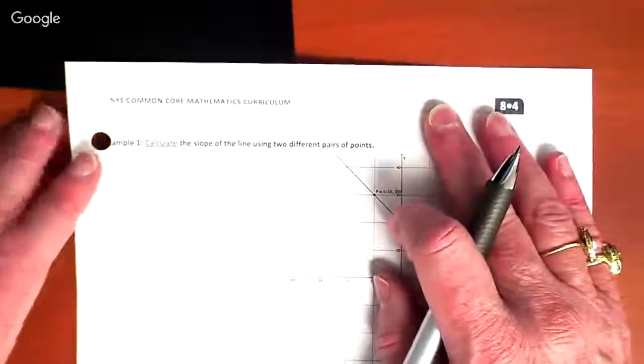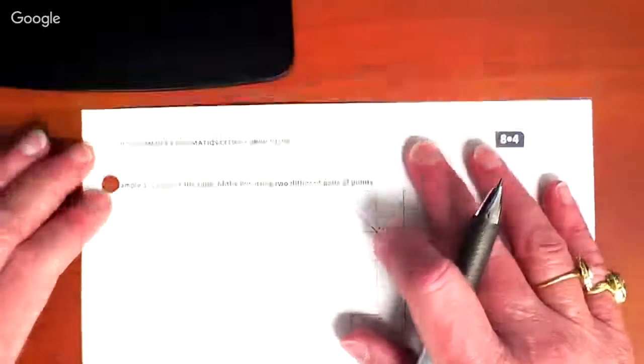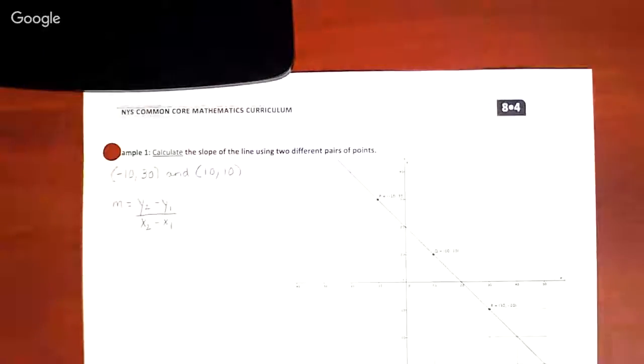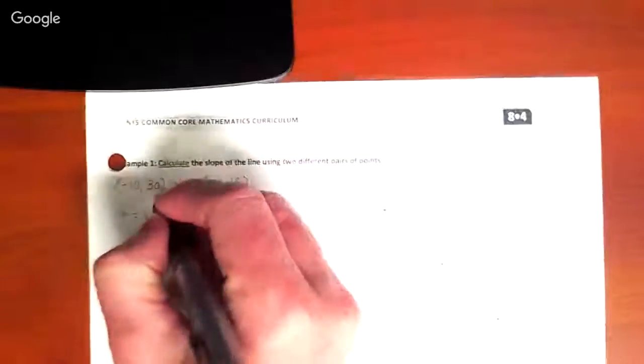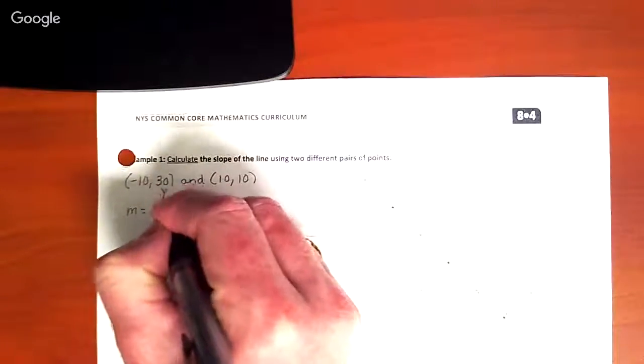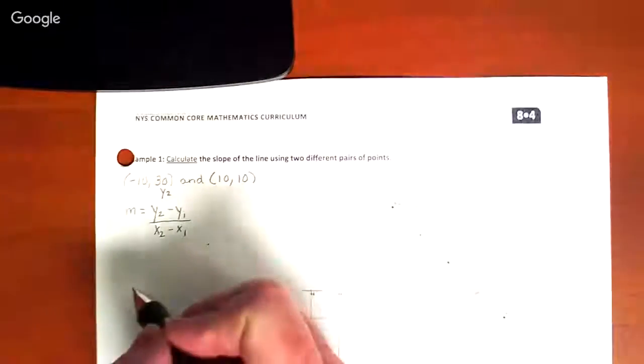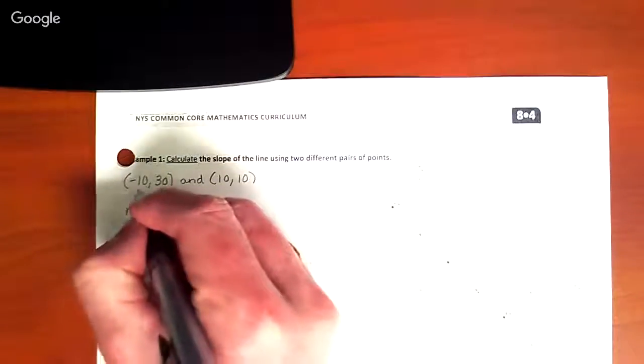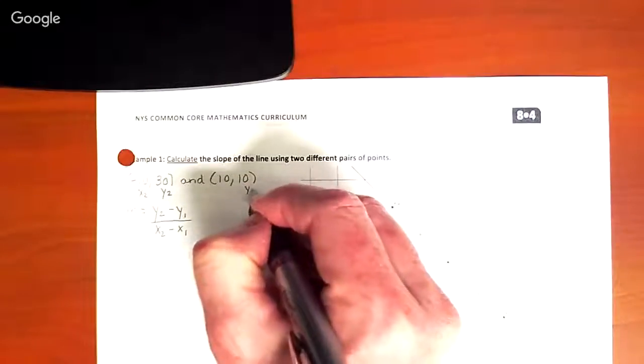What that means is when we do this, we are going to substitute in. We have to pick a y2 value and a y1 value. Once you pick a y2 value, everything else falls into place. So the y2 value I'm going to pick is this one right here, which means the corresponding x value is the x2 value, which means this becomes y1 and this becomes x1.